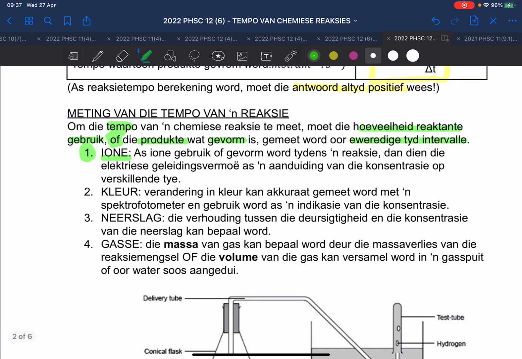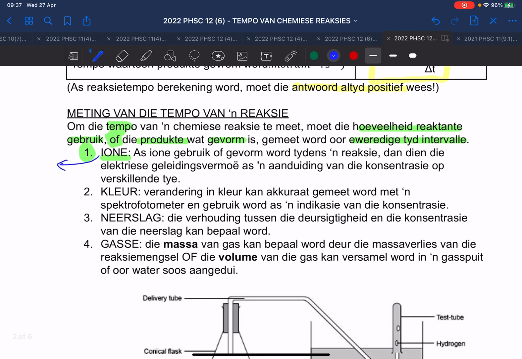Okay? So an ion, 'n ion, is something like, let's say, sodium ion, chlorine ion, something with a positive or a negative charge. And something with a positive or negative can conduct electricity. Dit kan elektrisiteit gelei. Ions, ione, kan elektrisiteit gelei. So if your reaction produces ions, okay, then it will conduct electricity better and better and better.